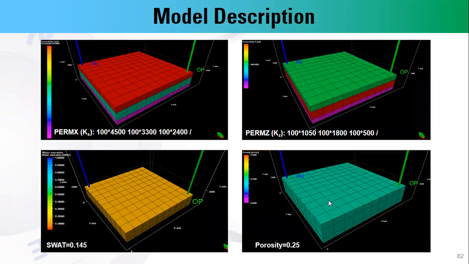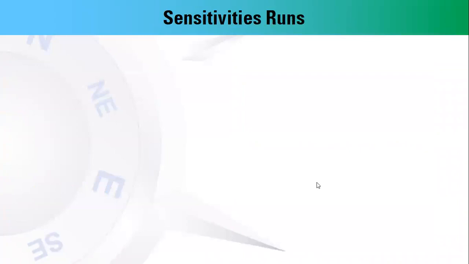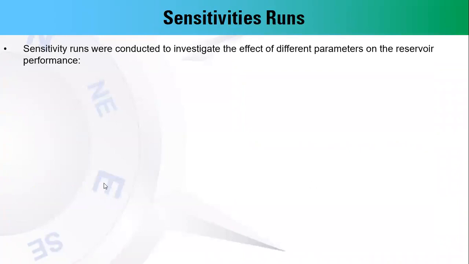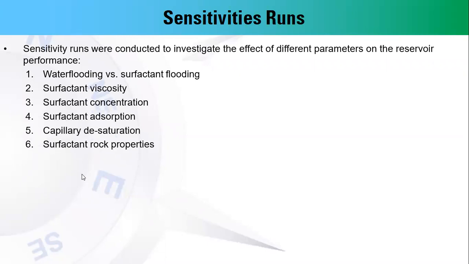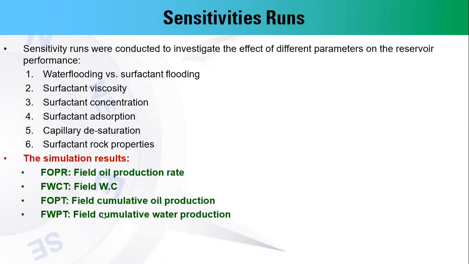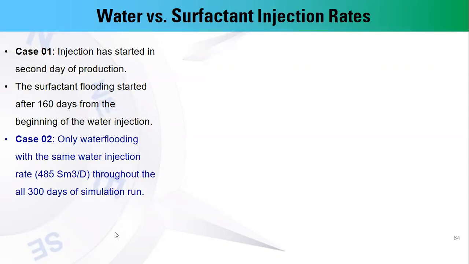water saturation, and porosity distribution. We have several sensitivity runs in this model to compare water flooding against surfactant flooding: sensitivity on surfactant viscosity, surfactant concentration and absorption, capillary desaturation, and others, and we will display the simulation results.